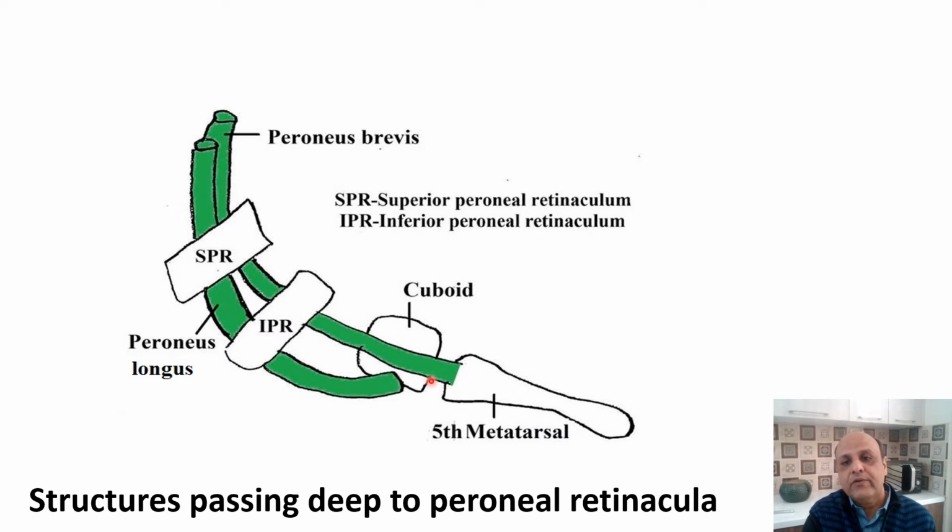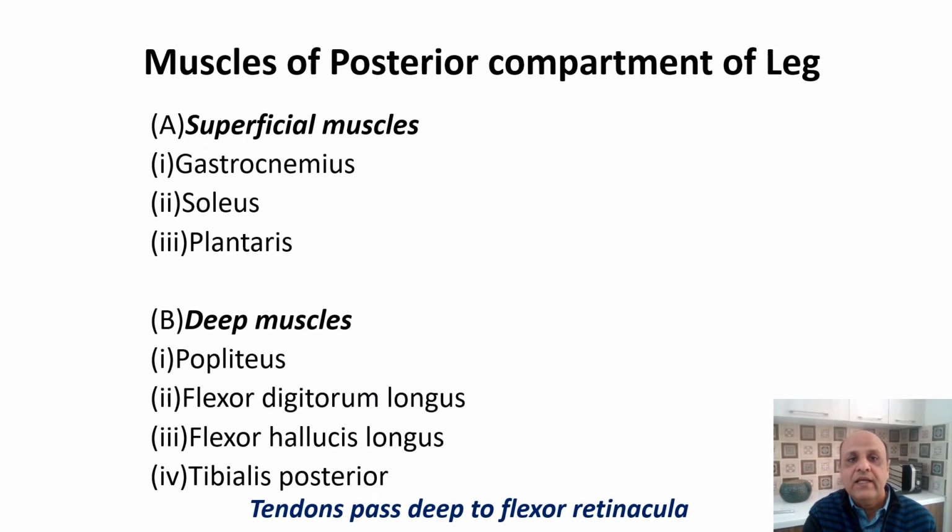And also peroneus tertius of the anterior compartment causes eversion of the foot; that was inserted on the dorsal aspect of the base of the fifth metatarsal, while peroneus brevis is inserted onto the lateral aspect of the base of the fifth metatarsal bone. So the nerve supply of the muscles of the lateral compartment, the peroneus longus and brevis, is the superficial peroneal nerve.